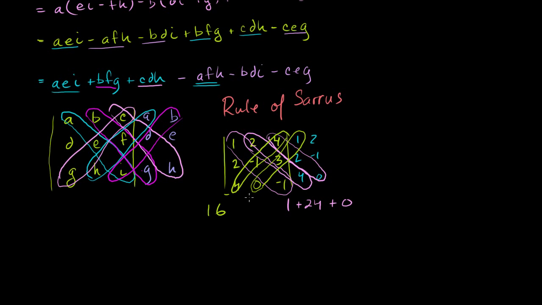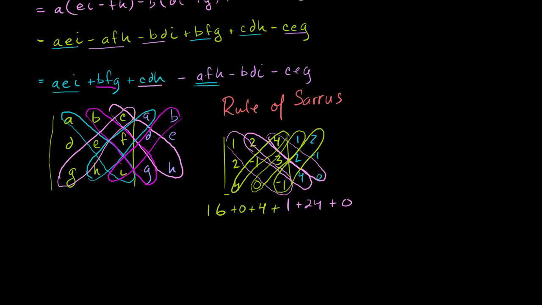That, of course, is going to be a 0. It would be a minus 0, but we can ignore it. And then you have a minus 1 times 2 times 2. So that's 4 times minus 1, which is minus 4. But when you go in this direction, from the top right to the bottom left, you're subtracting. So this would be a minus 4, but since we're subtracting, this becomes a plus 4.